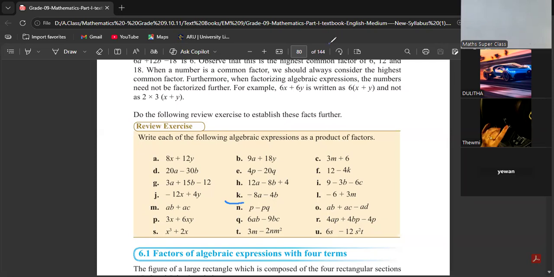Okay, give me the answer for this one. You have to write this one as a product of factors. Here is our question: minus 8a minus 4b.